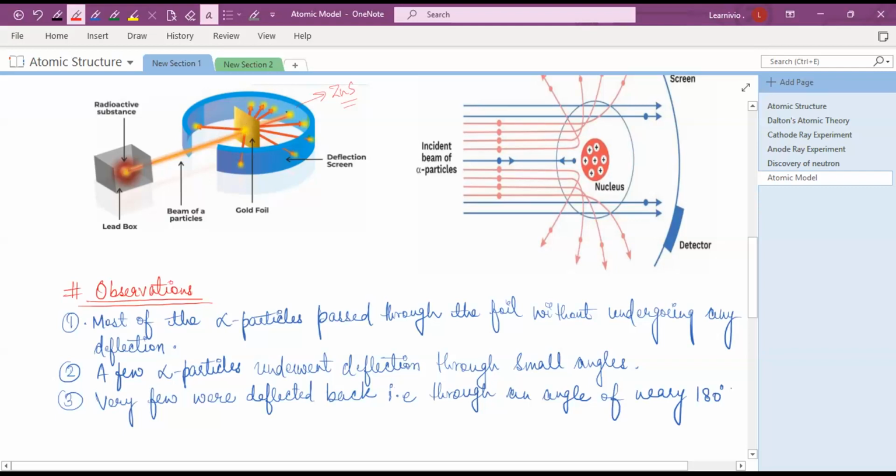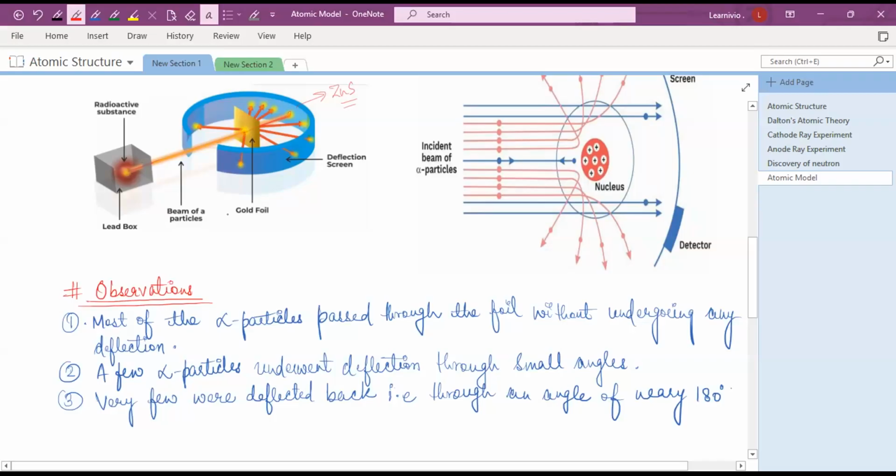Now, a few alpha particles underwent deflection through small angles. You can see a few alpha particles deflect over here, making some angles. The third observation of Rutherford was that very few were deflected back, making an angle of 180 degrees. They are deflected back.